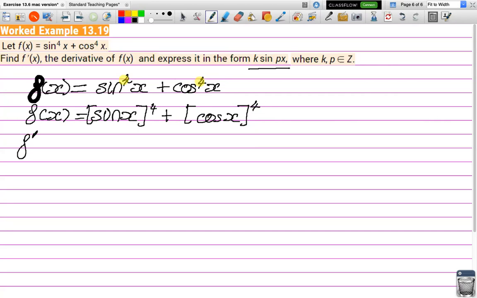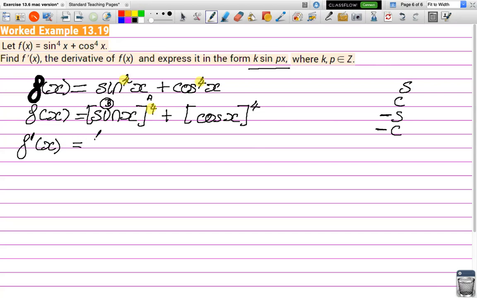Now we're going to differentiate, and the priority function is going to be the 4. So that's priority function A, and therefore the sine x is going to be priority function B. Over here, sine, cos, minus sine, minus cos, ready for when I need it.